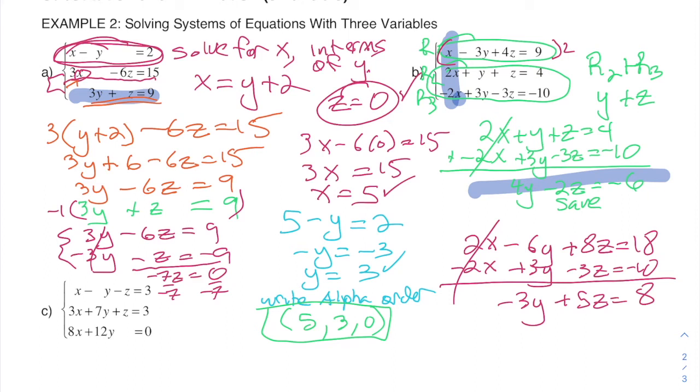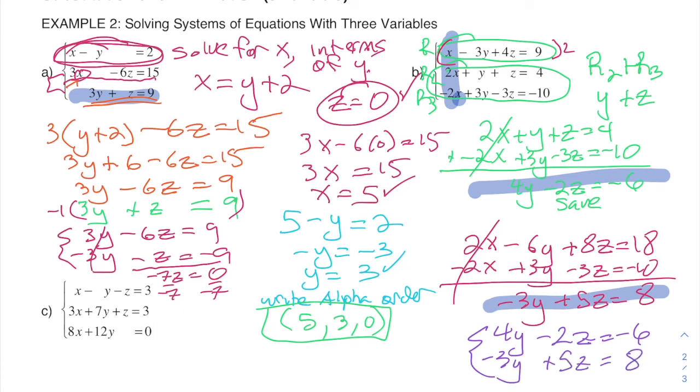And look at this. I have 2 equations that just have 2 unknowns. I have a y and a y, a z and a z, and now I could solve these and then work backwards and find x. So let's create our new system, which is 4y minus 2z equals negative 6, and negative 3y plus 5z equals 8.